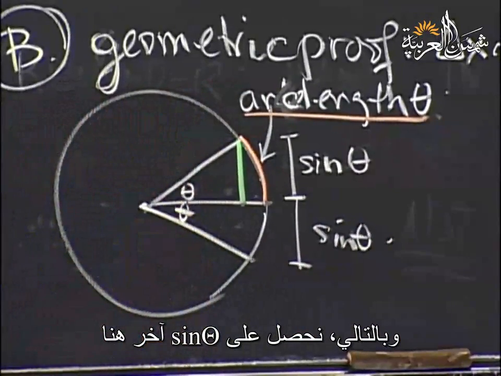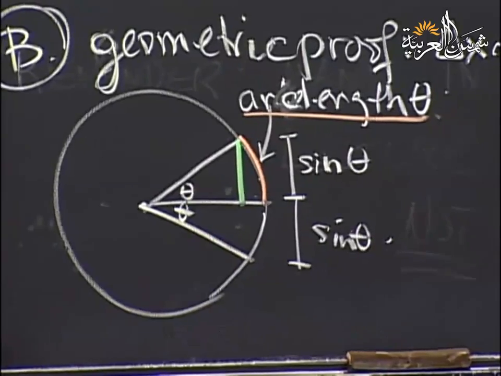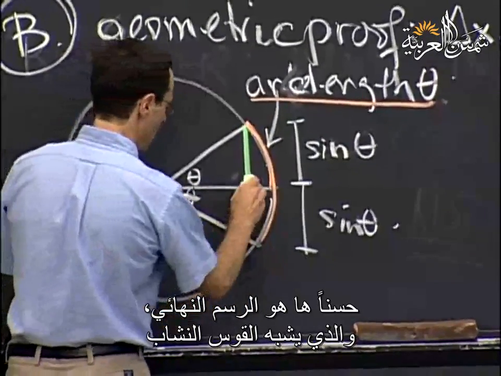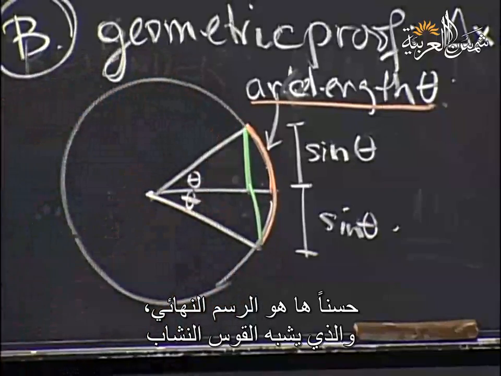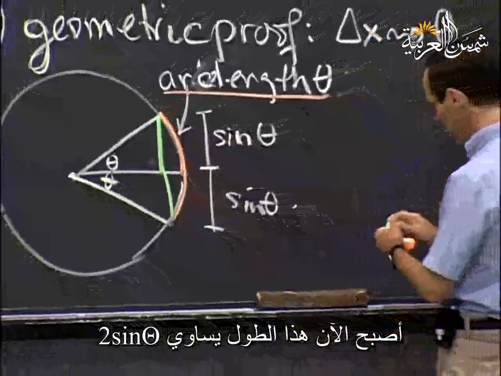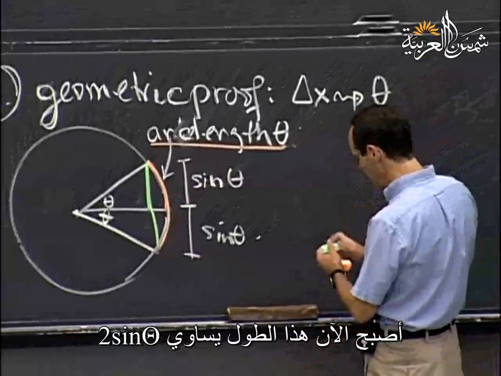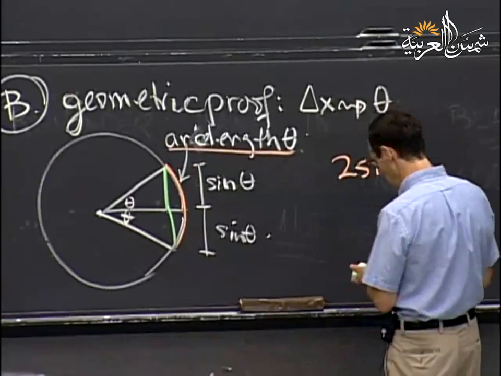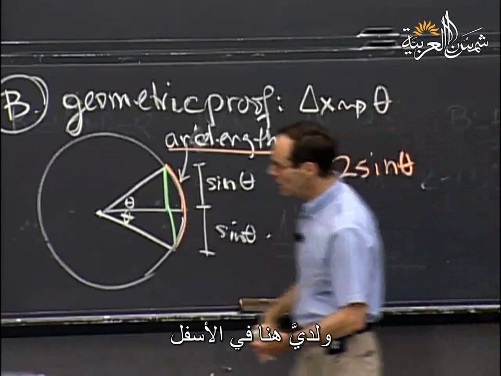And now the total picture is really like a bow and its bowstring there, all right? So what we have here is a length of 2 sine theta, so maybe I'll write it this way, 2 sine theta.